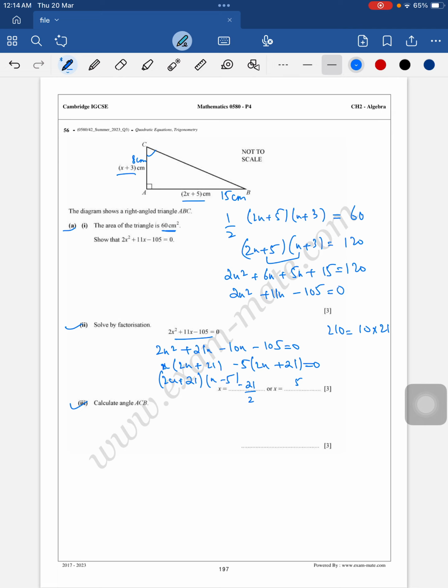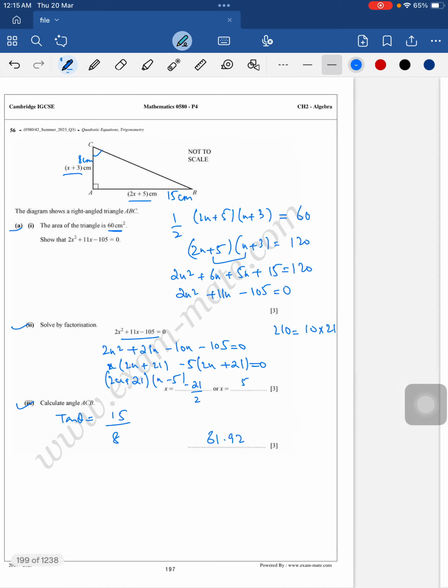So we can apply tangent. Tangent theta is equal to perpendicular, that is 15, upon base, that is 8, right? Shift tangent inverse, 15 upon 8, 61.92. That is the angle of ACB.